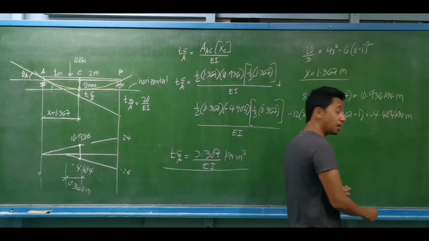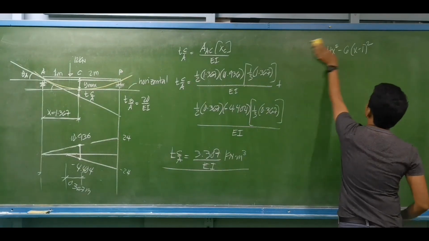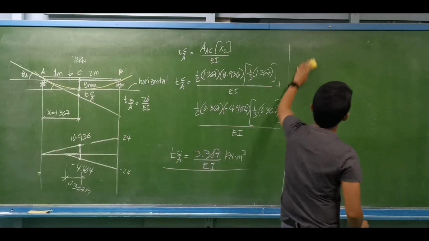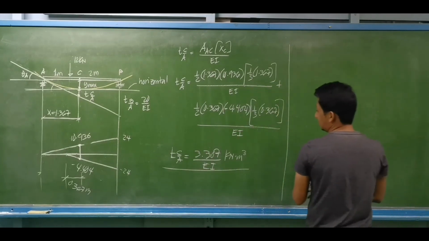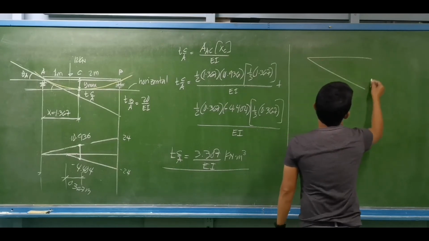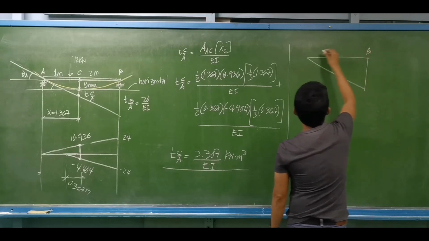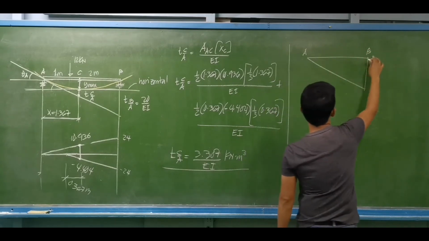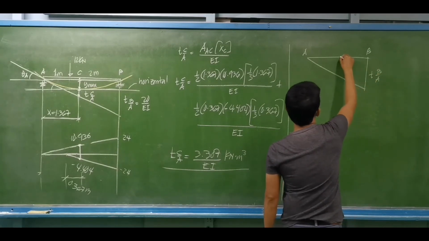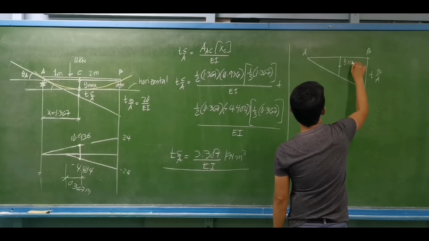So why did I compute for the deviation from A to C? So can you observe these triangles? So let's say this is point B. We have here the deviation from A to B. We have this distance, let's say this is Y max.